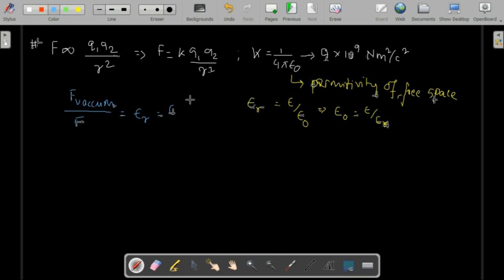This is a bit tricky, which is important. So this epsilon r is called relative permittivity. Let me note it down.